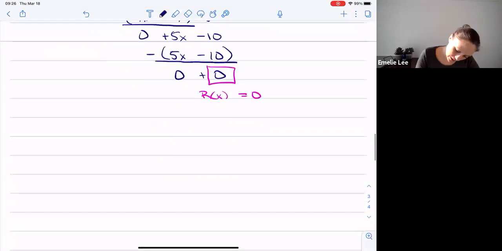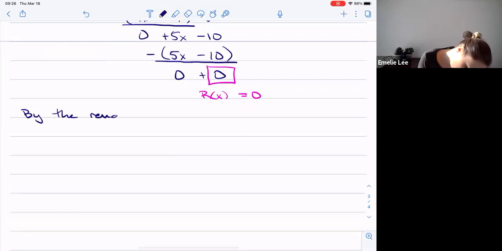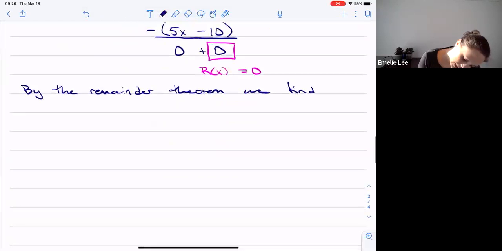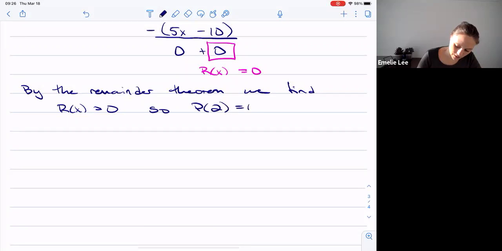So by the remainder theorem, we find r of x equals 0. So p of 2 equals 0.